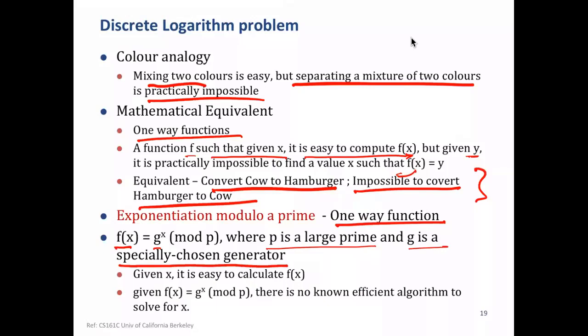Now, if we give you x, and g is known, then finding the value of g power x mod p is simple. All of us know the mod function, right?